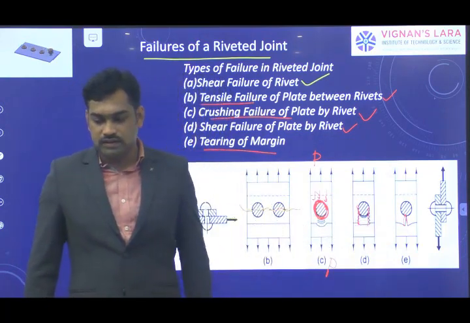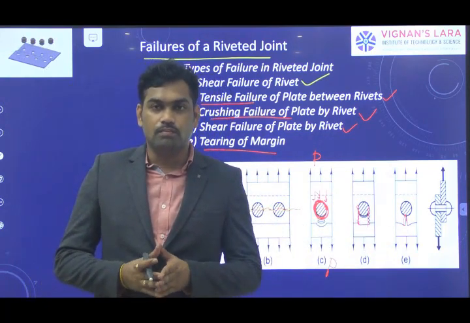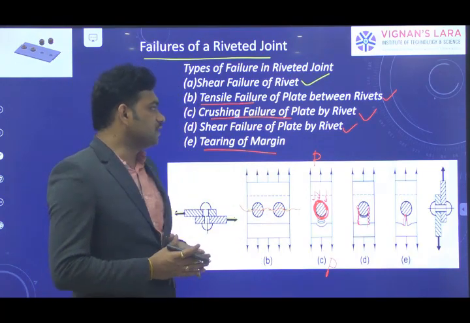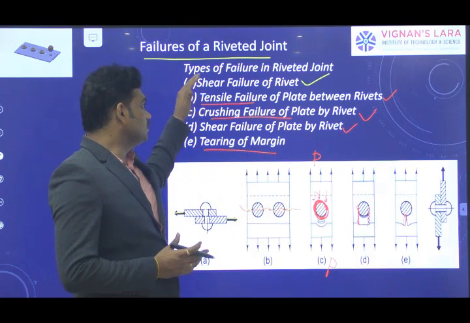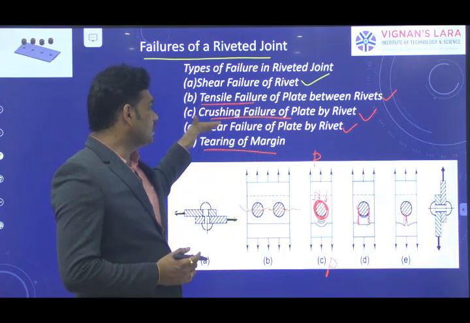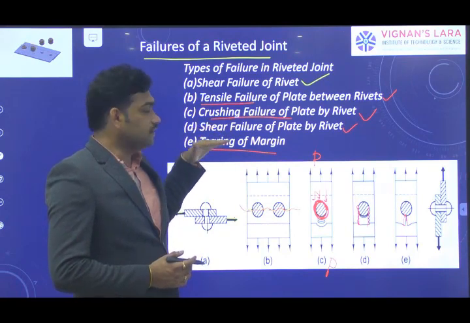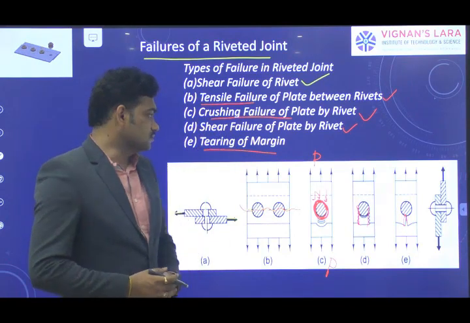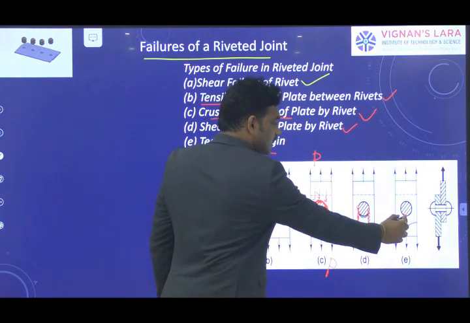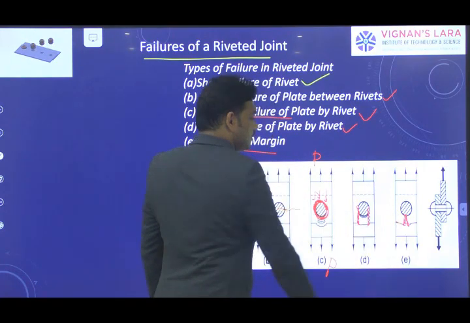But in the design process, out of these 5 different failures, there are the shear failure of rivet, the tensile failure, the crushing failure, the shear failure of plate by means of rivet, and another one, tearing of margin. Which means shear failure of the plate in the margin, as well as tearing of the plate in the margin.